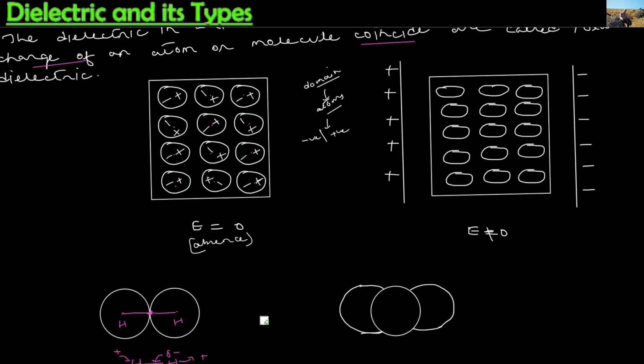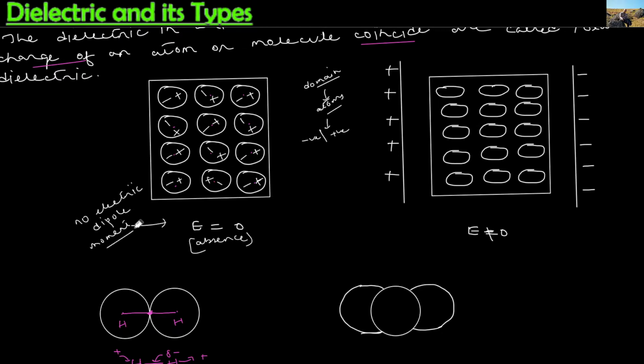In the absence of an electric field, there will be no net electric dipole moment, since these dipole moments are in random directions.